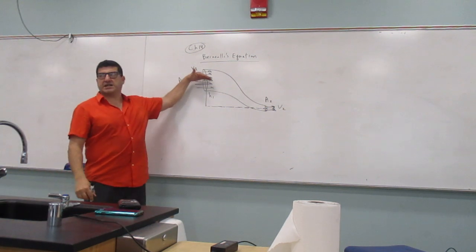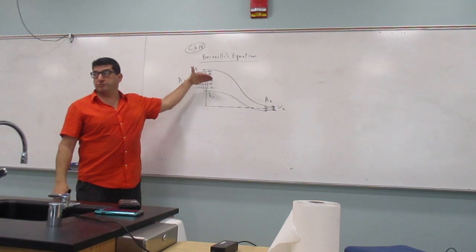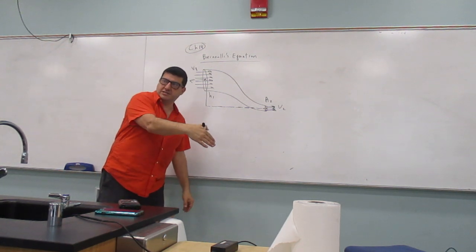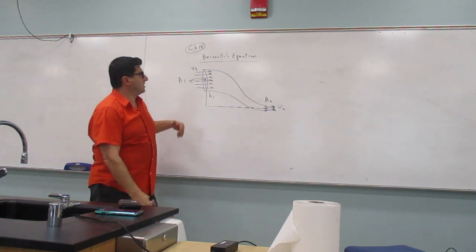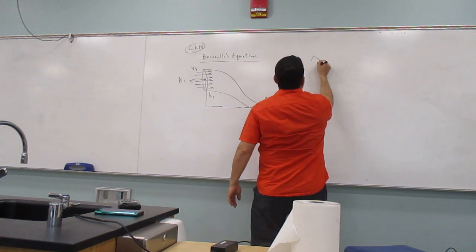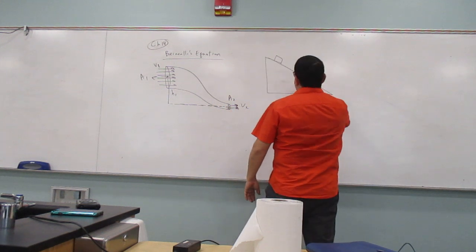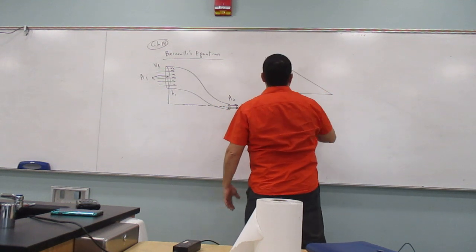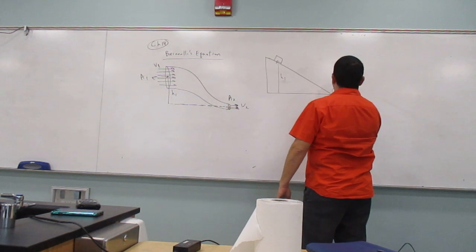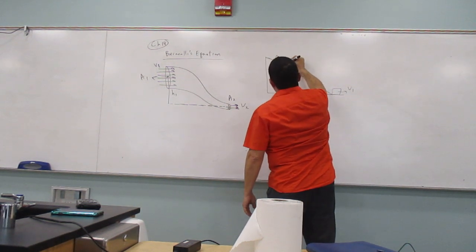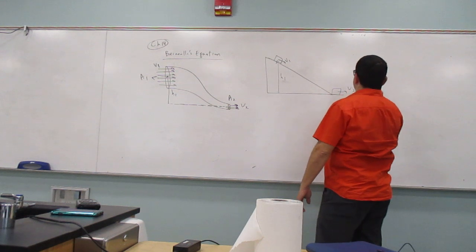So what's happening here is kind of similar to what would happen to a block in physics 1. If the block is coming down the incline, you have here h1, and then by the time it ends up here, maybe the initial velocity is v1, the final velocity is v2.